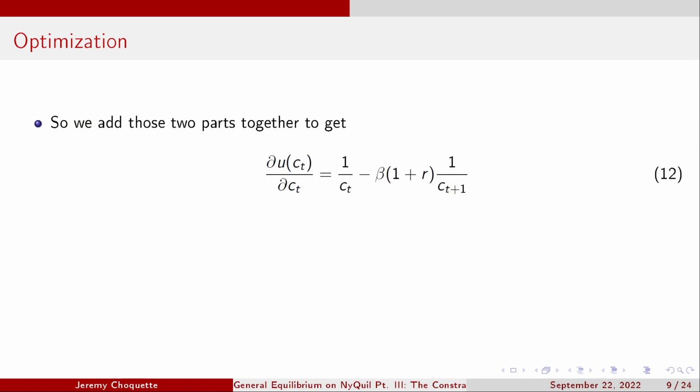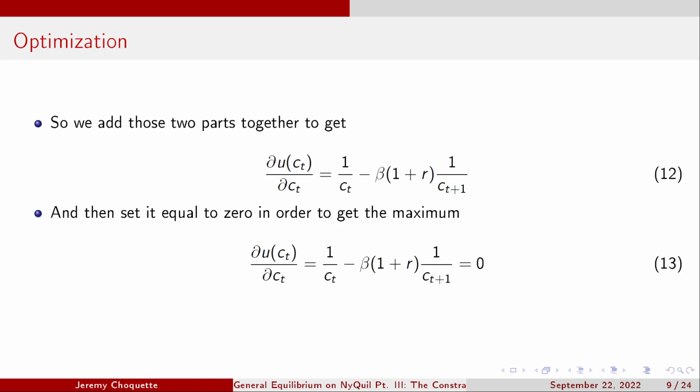So I add these two parts together, and this is my derivative: 1 over C_t minus beta times (1 plus r) times 1 over C_{t+1}. There's a very nice intuitive understanding of this once we set it equal to 0 to get the maximum.